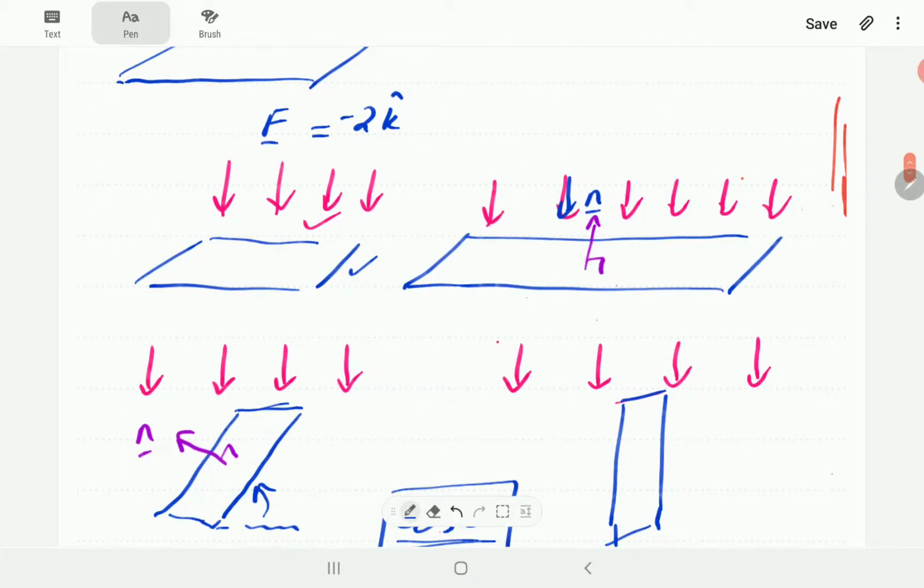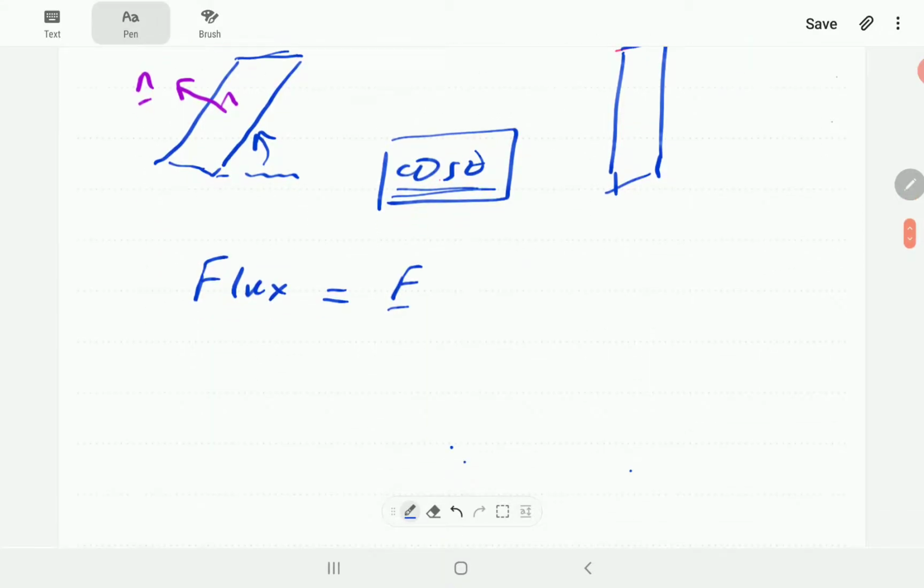For this one, the normal again could be in terms of k, so maybe 4k. Then if you take the dot product of these two, our flux is going to be F dot the surface, which we express as a vector.